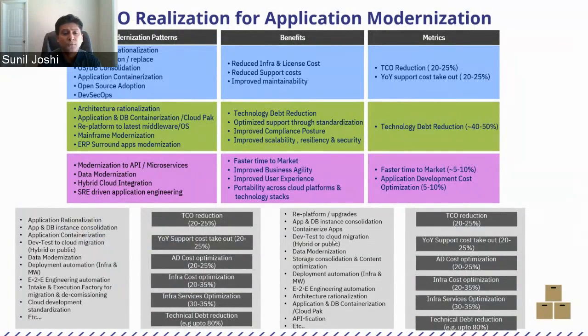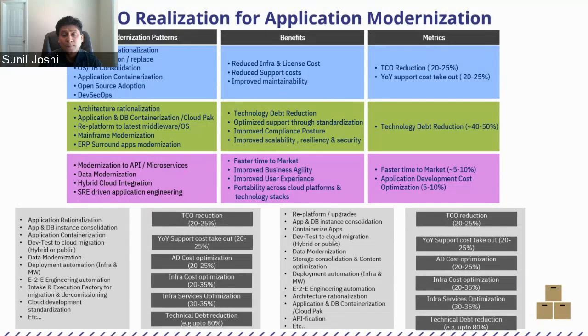If you do certain things, there is a typical type of value realization that you can get, actually quantifiable value realization. I'm providing a range here, and I would say for most of the patterns that I have seen, those ranges manifest itself.